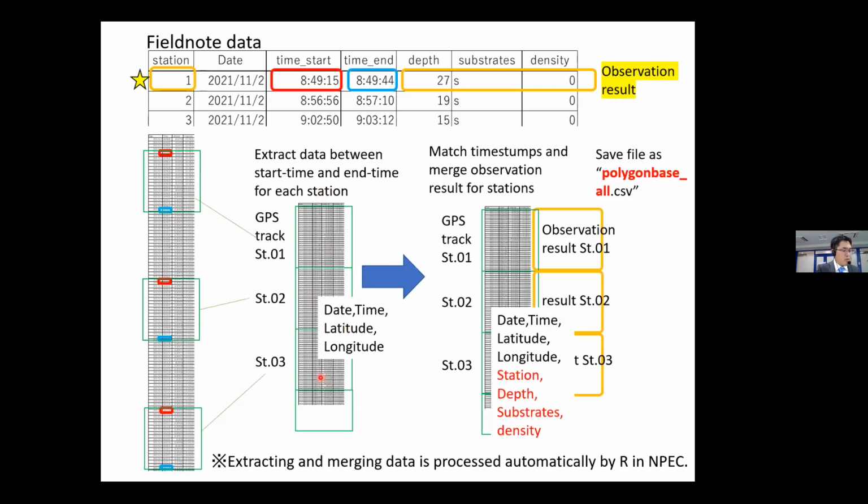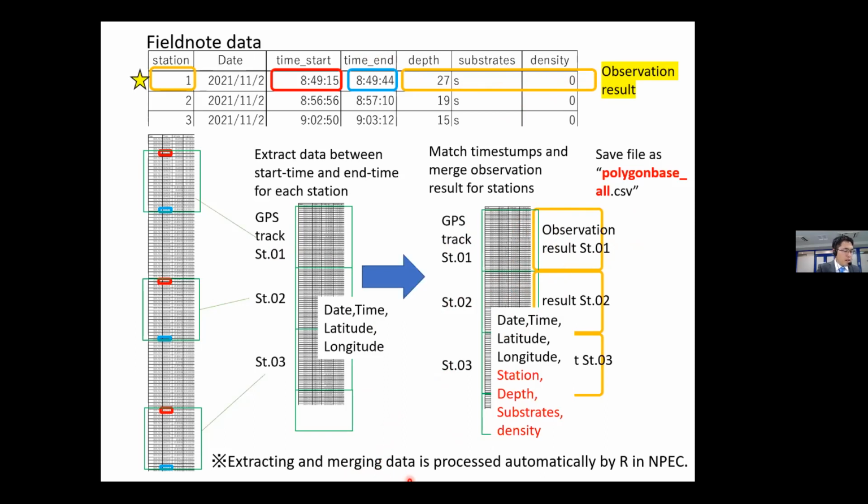It is better to combine the observation results such as station number, depth, substrate, and density information from the field note to the location data. Combine, it's important. Extract and combine the observation results and make one dataset. In NPEC, we use our program to automatically process this extraction and merging of data.